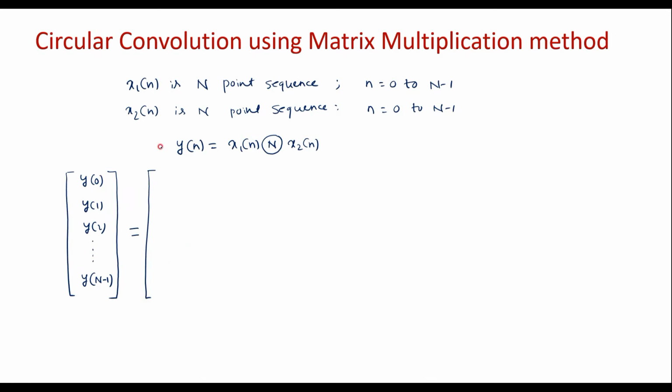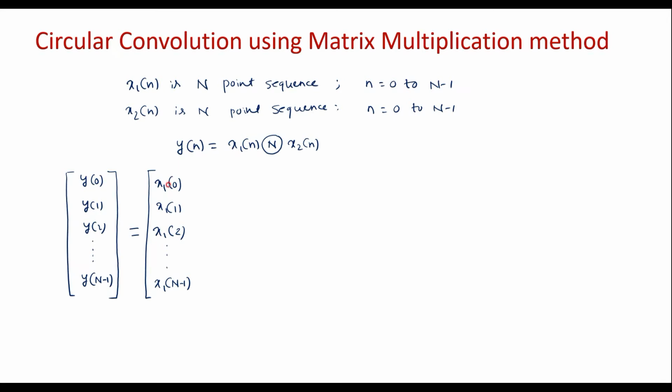Now we write the first sequence, x1 of n, in the first column, that is x1 of 0, x1 of 1, x1 of 2, and the last sample is x1 of N minus 1.